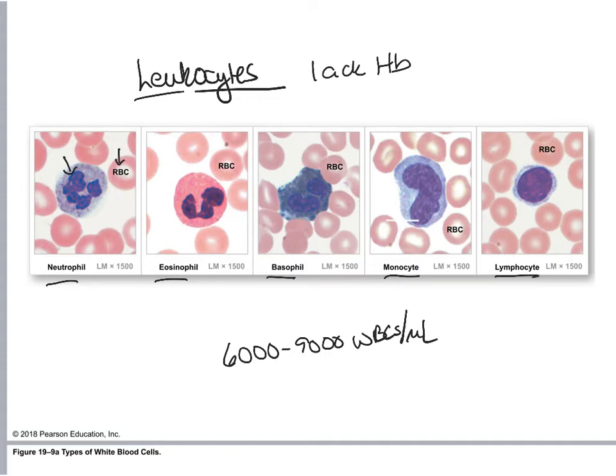First of all, we have to know which one of these white blood cells is the most common, which is the least common, and the percentages of each of them. A really good mnemonic that you could use would be: never let monkeys eat bananas.